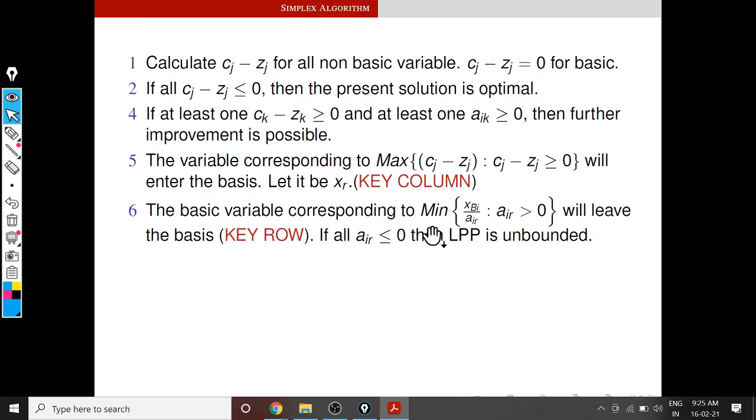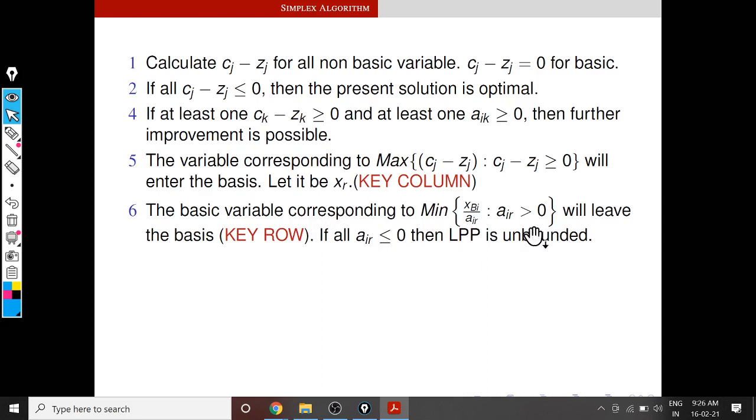And how to find the leaving variable? To find the leaving variable, we take the ratio of XBi by Air. Air means the elements of the column corresponding to the entering variable, and XBi is the present value of the basic variable.